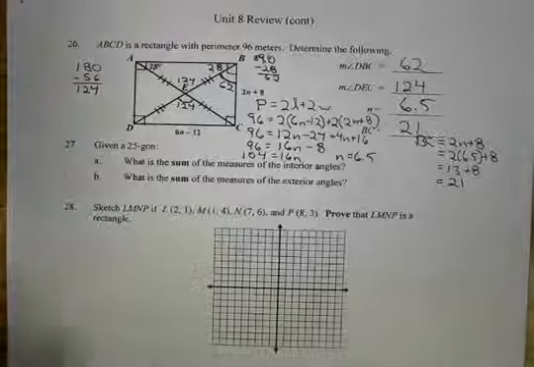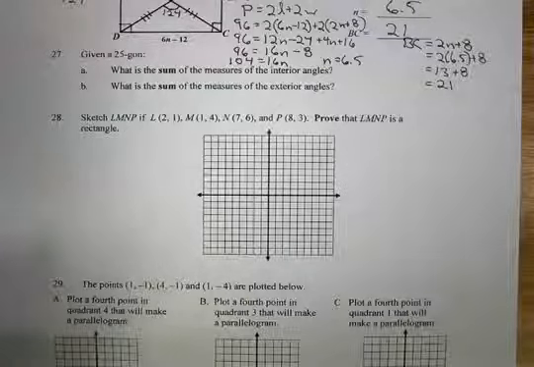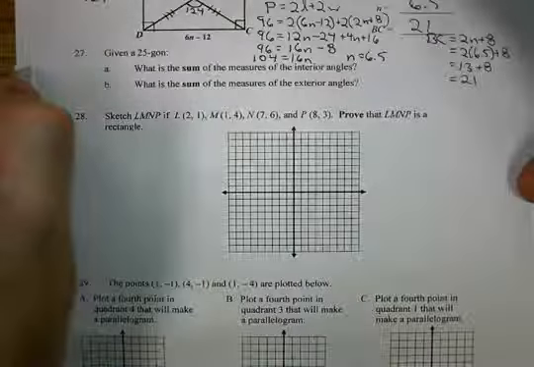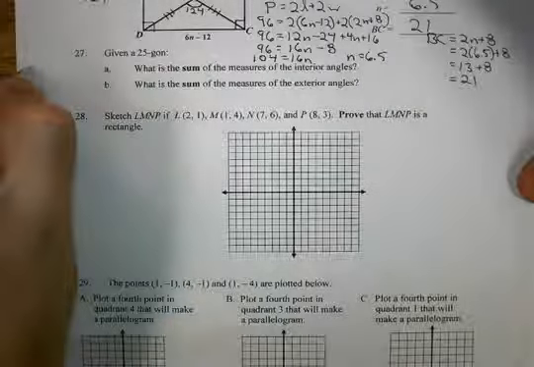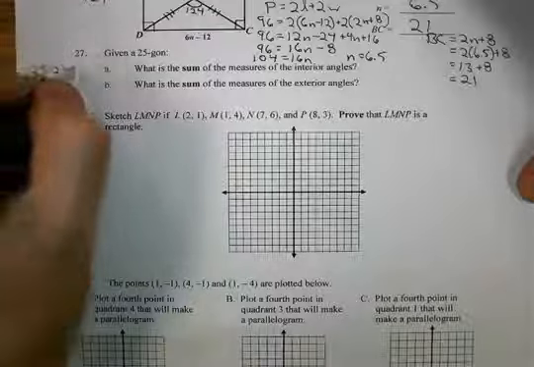Now in 27, we're talking again about angles. The sum of the measures of the interior angles of a 25-gon. Well, for a 25-gon, let's do our work over here. It is n minus 2 times 180, or 25 minus 2 times 180.